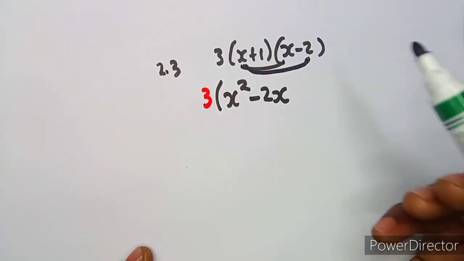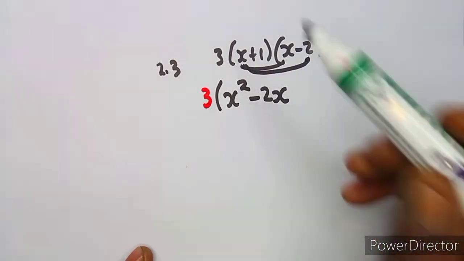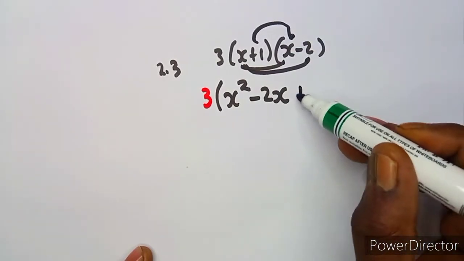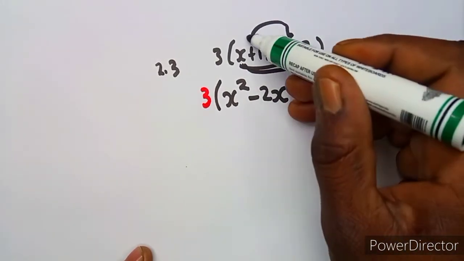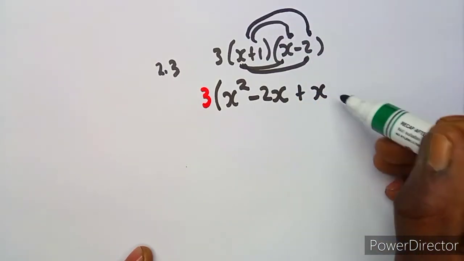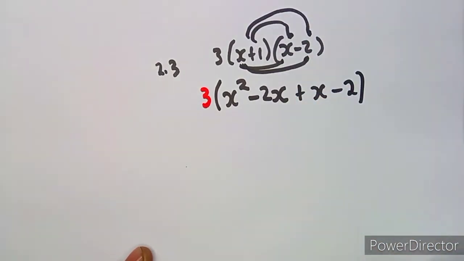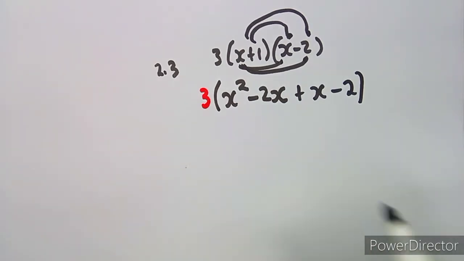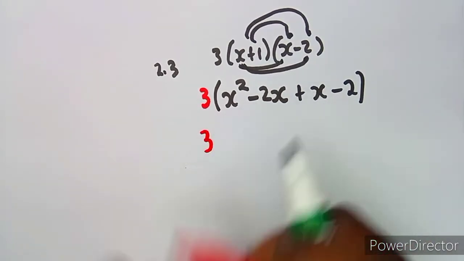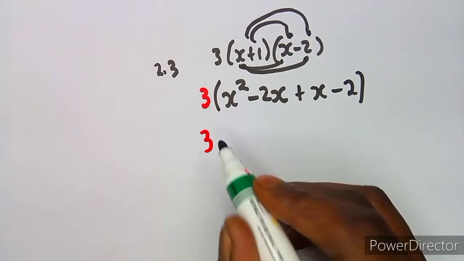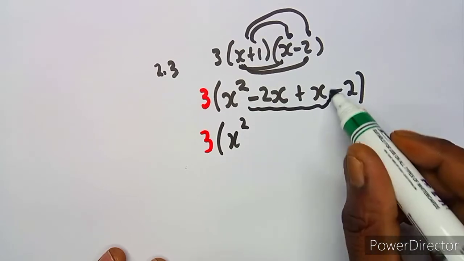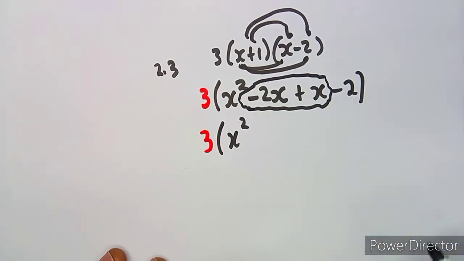Okay, we are done with x. It is multiplied every term. Remember how you multiply, guys. Then you move on to this one. It is going to affect x, so it will be plus x like this. Plus 1 is going to affect minus 2, which is minus 2 like this. So our 3 is still outside of the bracket. Let's just write it like this, 3 into x squared, because we've got like terms to simplify here in the middle.